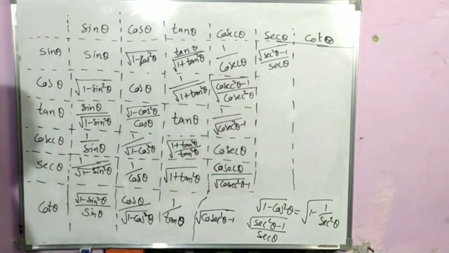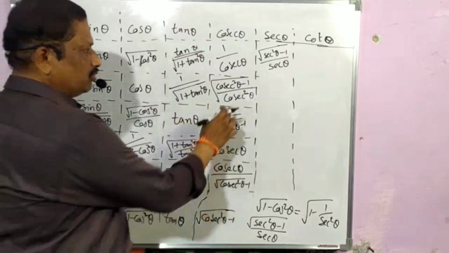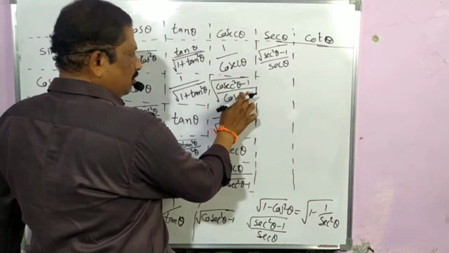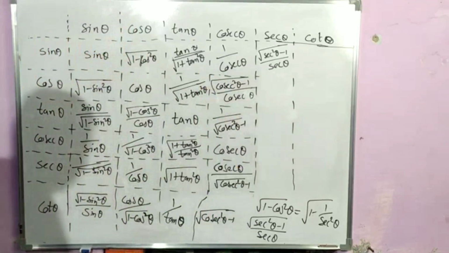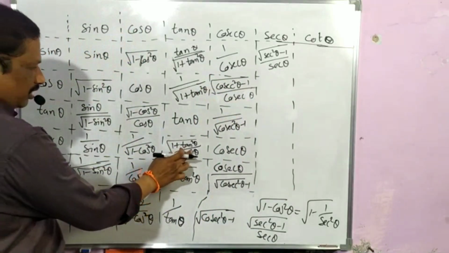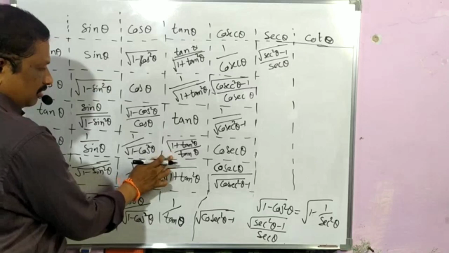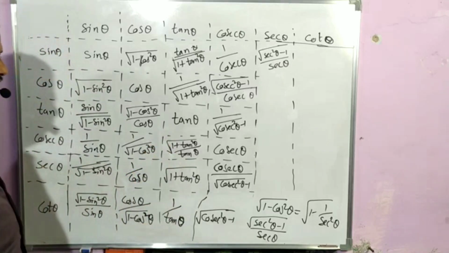Here also, if you want to remove the square root, cancel it, keeping the root for the numerator only. Tan square theta under root, once you cancel, you get tan theta.